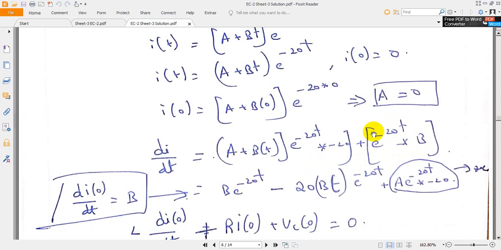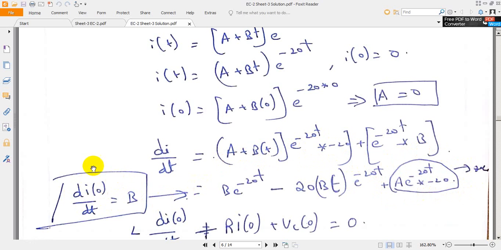We got this expression, e power minus 20t here, minus 20 bt e power minus 20t, and this expression is here, and a into minus 20 into e power minus 20t is here, and this complete expression will become 0 if you substitute I naught is equal to 0.